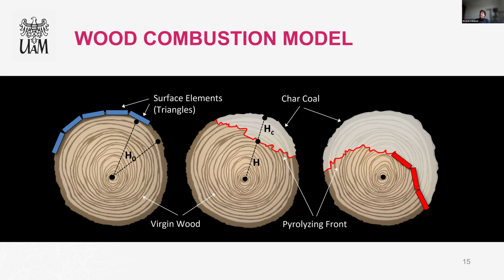And as a result of pyrolysis, wood is turned into charcoal, into char, as well as into gases, which then enable all these chemical reactions, which we see in the end as fire or as flames. So we call this part of pyrolysis also the pyrolyzing front, and we essentially represent the pyrolyzing front as these height changes of these surface elements.